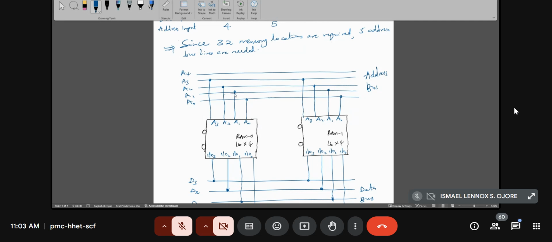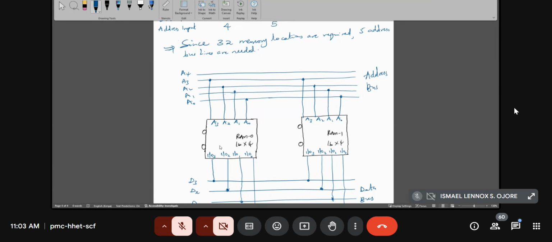Remember, these chips will be storing distinct words, so there is no common word that cuts across the two chips. You will be reading words from these chips independently.